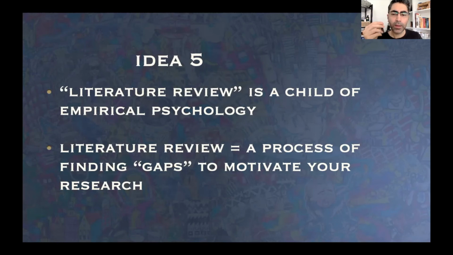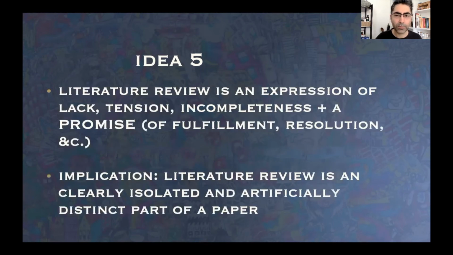We are showing a process of finding the so-called gaps in the existing literature to motivate and justify our own research. So we are saying that the research our group is doing now is a kind of research that needs to be done, that has a genuine motivation for it. And to show the justification, I'm going to do a literature review to show the gaps in the literature and show where my work fits into that gap.